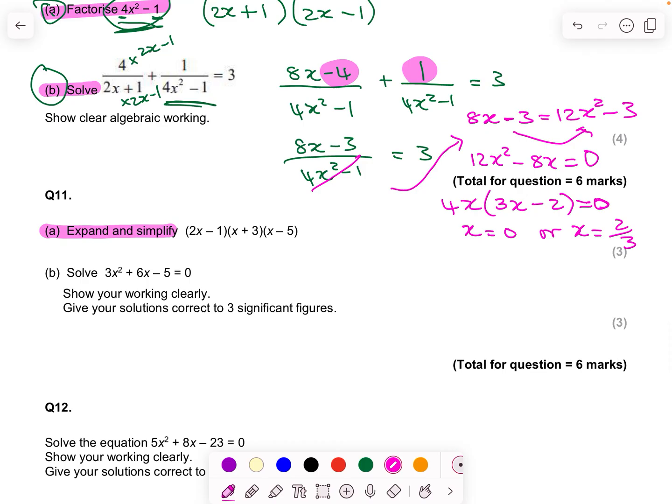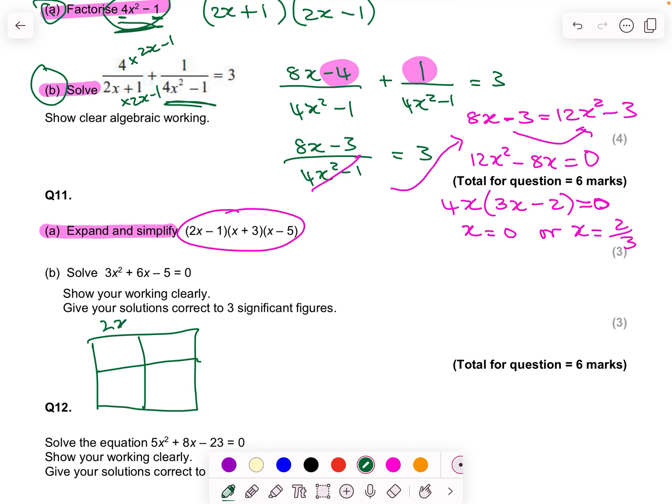Then I asked you to expand this. So let's first of all do 2x minus 1 times x plus 3. Fill it in.